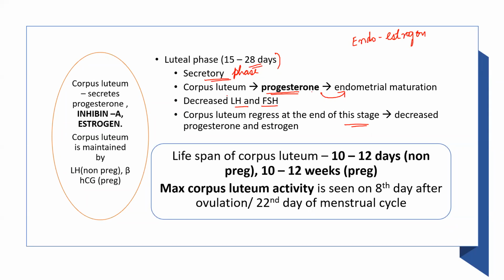By the 28th day, the corpus luteum will start regressing, because at that point FSH will again start working, and there will be decreased progesterone and estrogen. So once again, I'll tell you about all the phases.